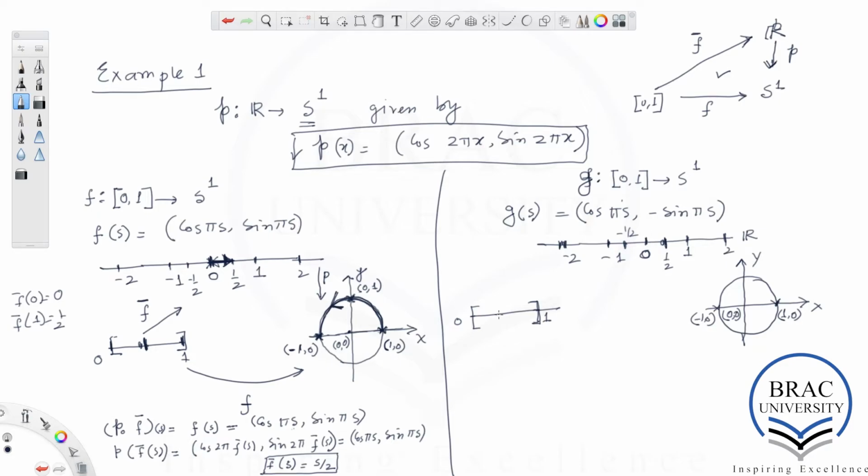And when I plug in 1/2 here, then I get cosine pi over 2 is 0 and sine pi over 2 is 1, so I get 0 comma minus 1. So this is the path that we are looking at. Okay, this is not a loop, this is a path, starting at 1 comma 0 and ending at minus 1 comma 0, directed clockwise.